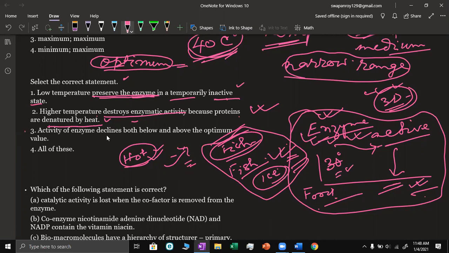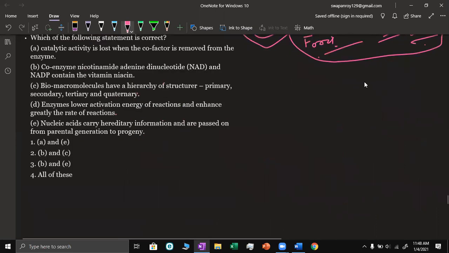Number three: activity of enzyme declines both below and above the optimum value. Yes. Say 37 degrees Celsius is the optimum temperature.